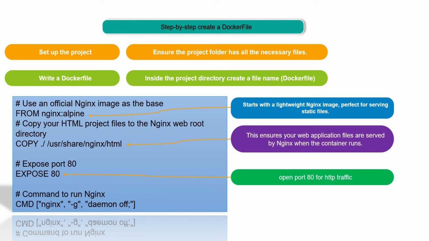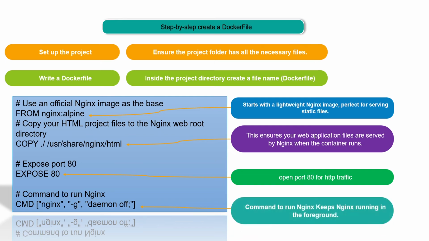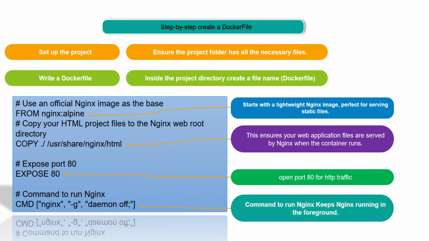EXPOSE 80. Expose means allow port 80 for HTTP traffic. We will allow port 80 to be served by our Nginx server. CMD nginx. This command runs Nginx in the foreground. This is the format of writing a Dockerfile.